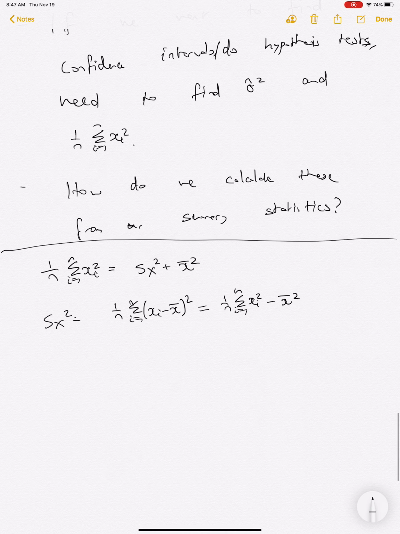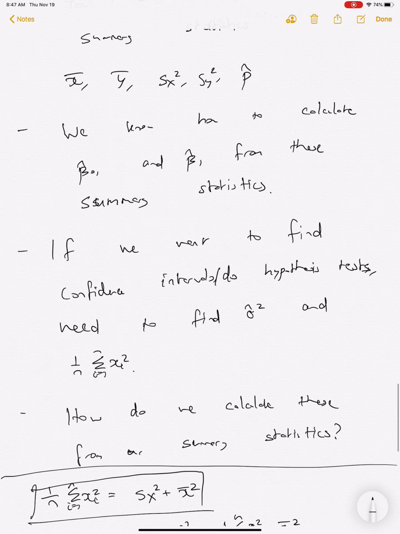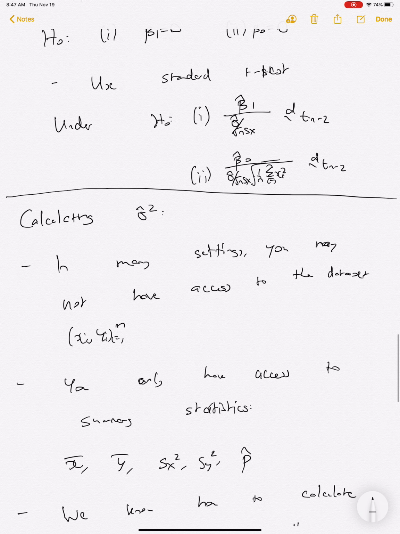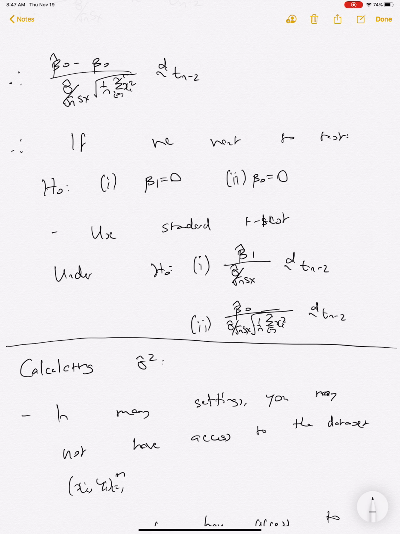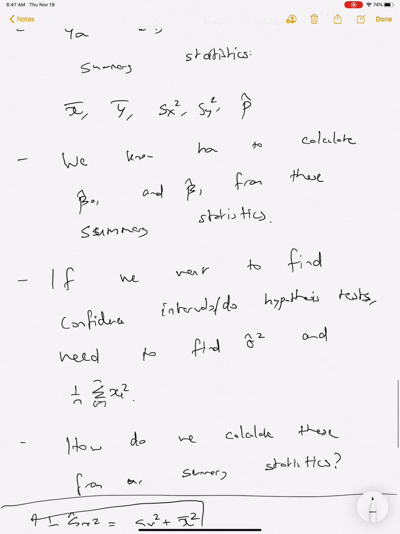You can check that yourself, but this gives you a way to calculate that quantity, and the reason I mention it is that it appears in the variance for beta hat 0.